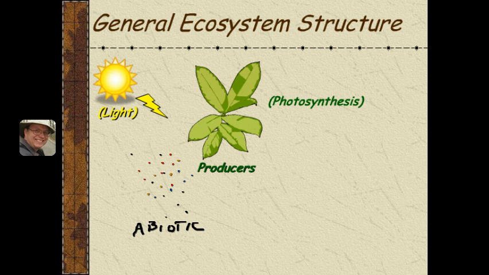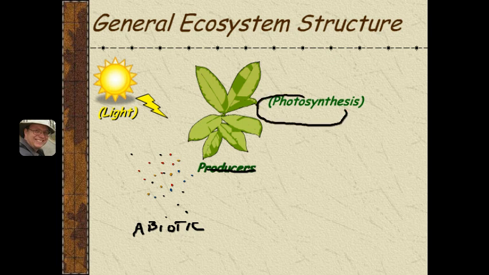Well, it turns out that we have some organisms that can put these things together. These organisms are called the producers. They consist of plants, certain protista, and certain types of bacteria, remember the cyanobacteria, that can all do a particular process called photosynthesis.